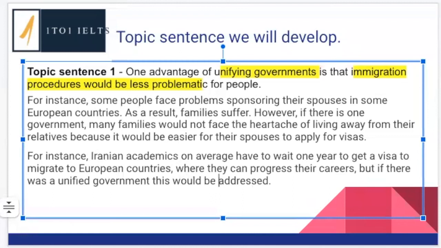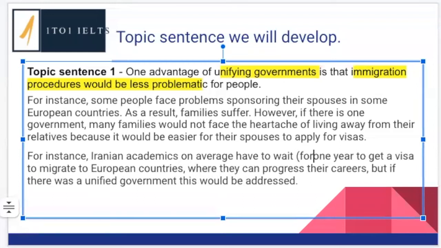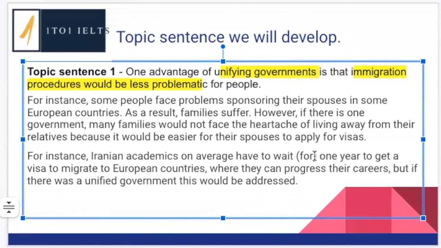Right, so I think we're missing a preposition. It should be, we have to wait for. Let me have a look. Here. So this is optional. You could put the "for" in, or you don't have to. But apart from that, it's fine.